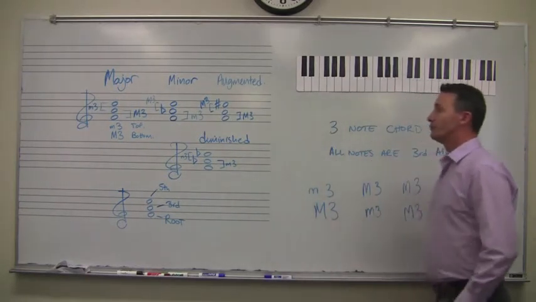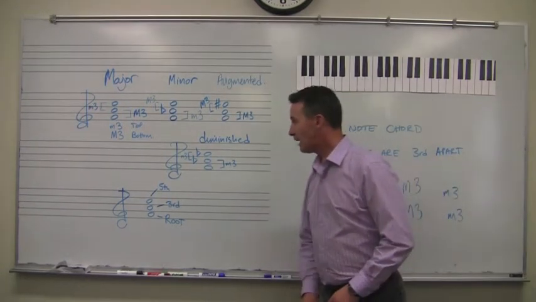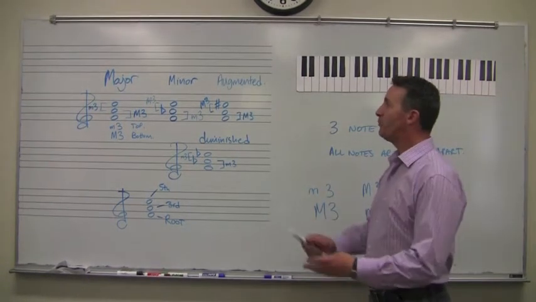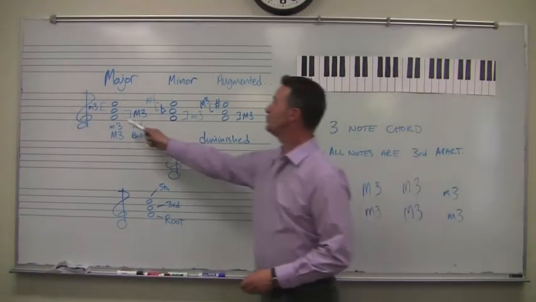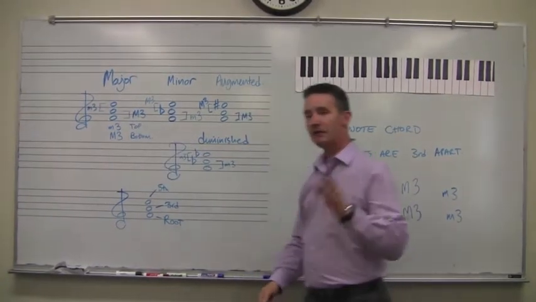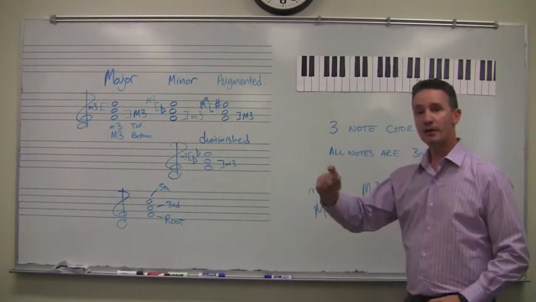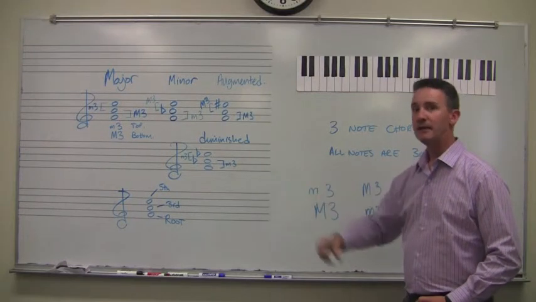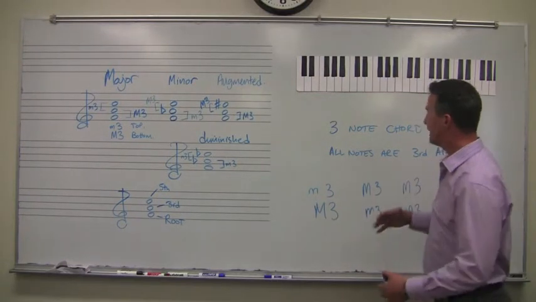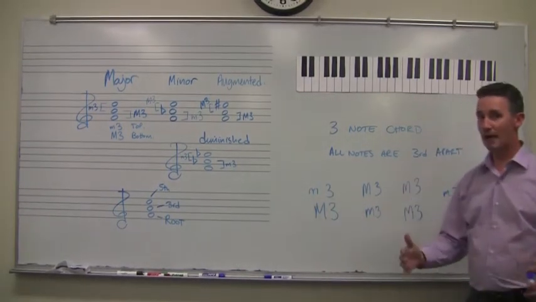So, in review, we have the root, third, and fifth of the triad, which in combination and presented as a triadic structure creates two types of third. Depending on the combination of those thirds, whether it is major minor, minor major, major major, or minor minor, that can give us either a major, a minor, augmented, or a diminished triad.